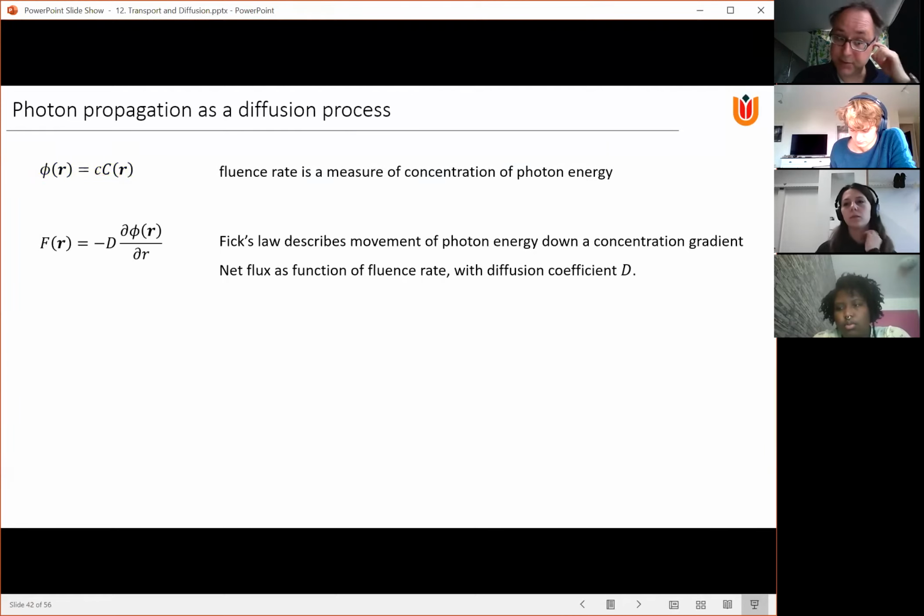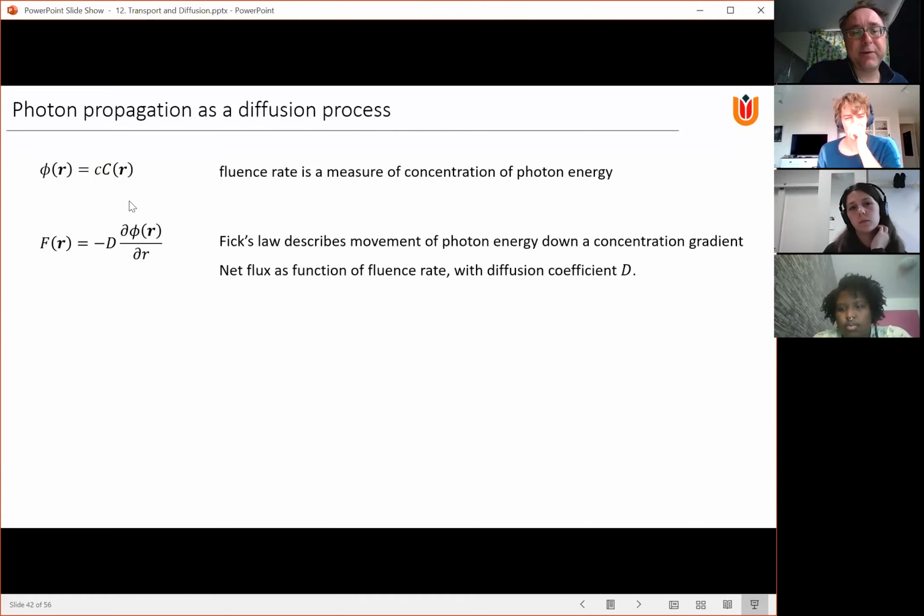So if we use the symbols that we had before: for the net flux we had F, and for the concentration we use the fluence rate substitution. Then c is included in the diffusivity. So we end up with this formulation of Fick's law: the net flux on the left-hand side, the derivative of the fluence rate on the right-hand side, and a diffusion coefficient that ties them together.